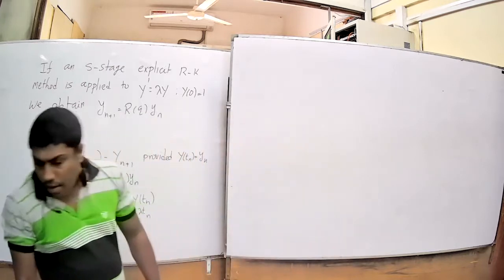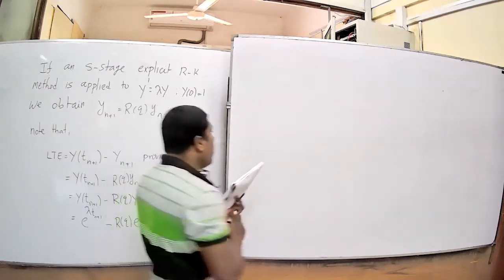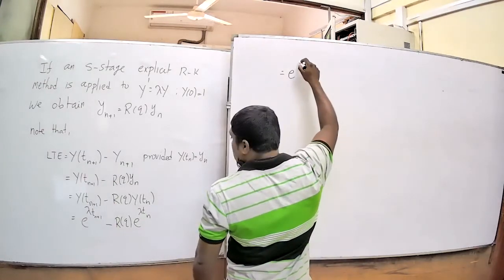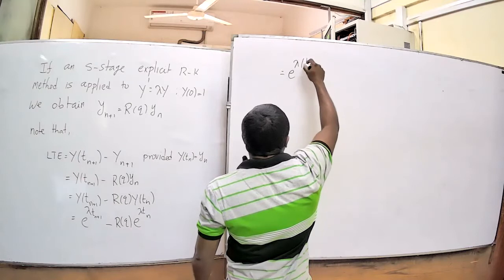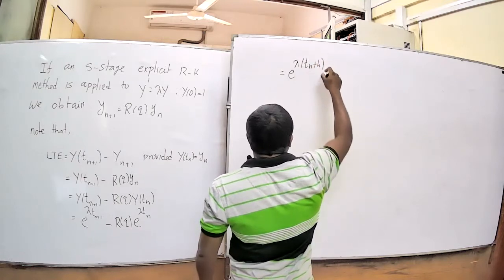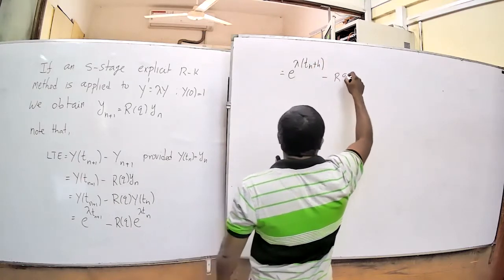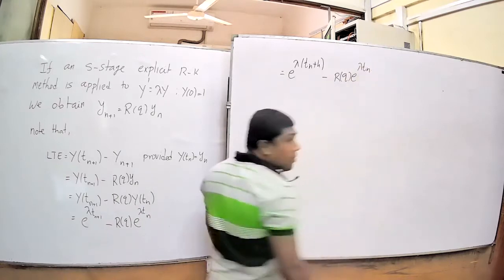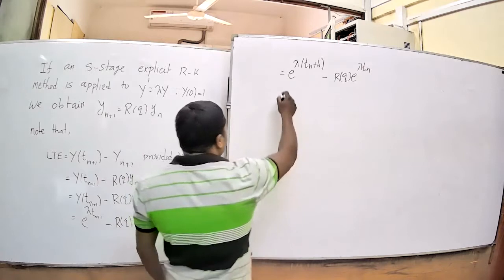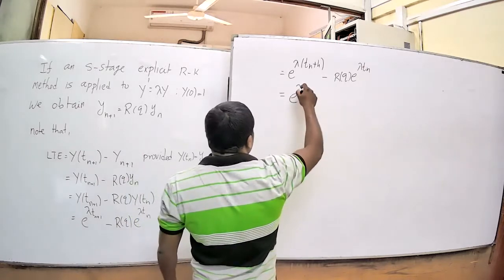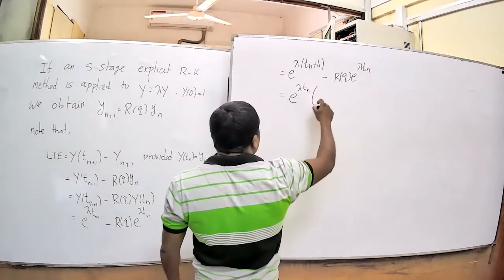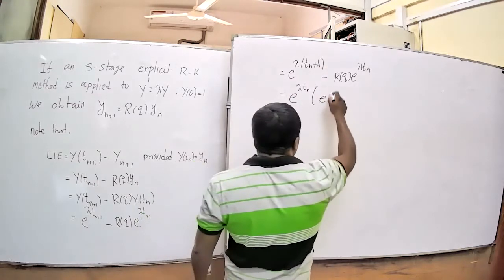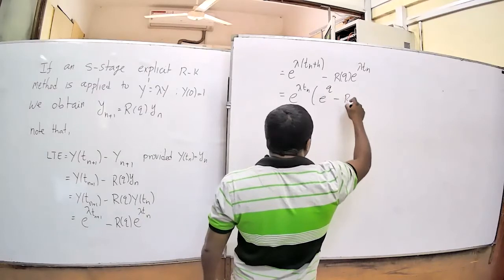Very similar kind of approach which we did for the other case, right? So that is e to the power lambda (t_n plus h) minus R of q times e to the power lambda t_n. In that case, when you pull e to the power lambda t_n out, you will end up with e to the power lambda h, that is e to the power q, minus R of q.